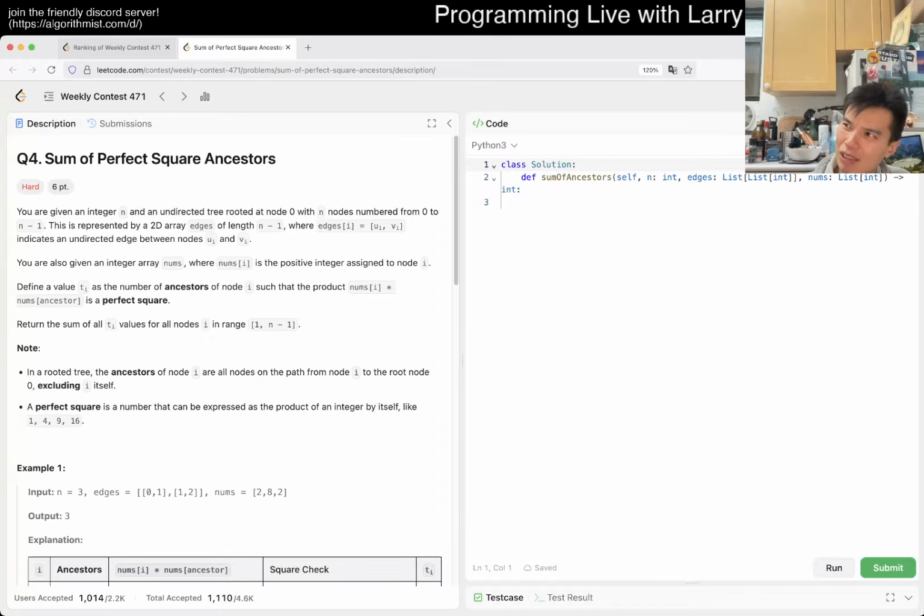Why doesn't that work, actually? Whatever. We'll think about that another time. Okay. Just have edges. That's all this is saying.